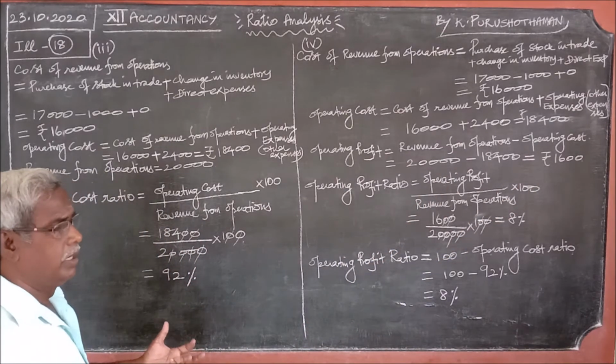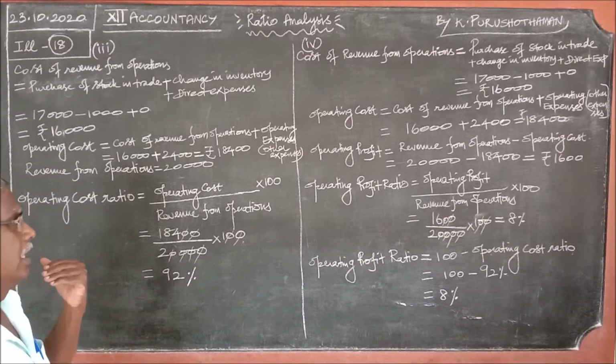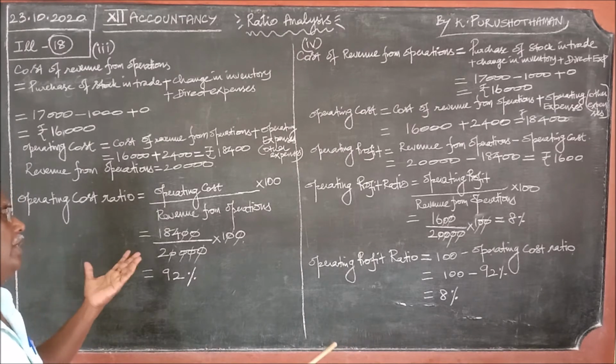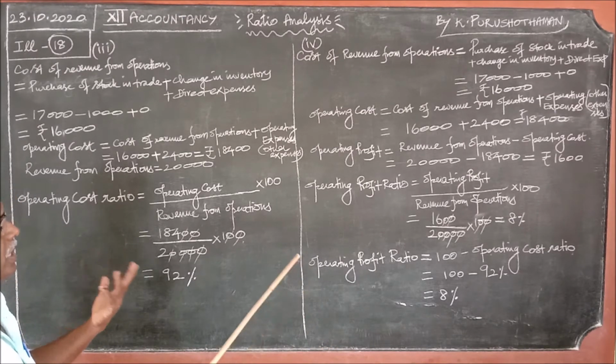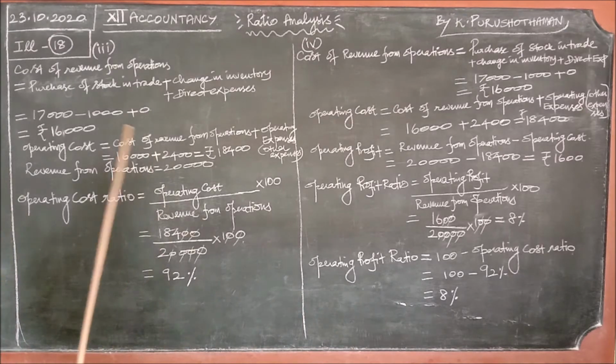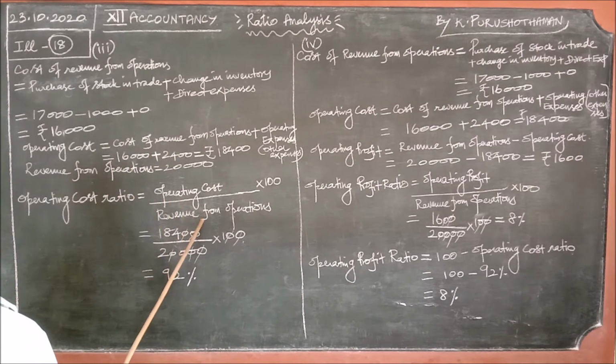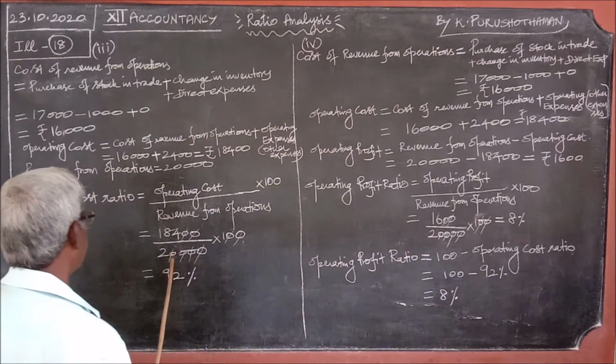The same formula, only according to the ratio we change the numerator. But what is revenue from operations? It is given straight away, 20,000. In both the problems we can use it.